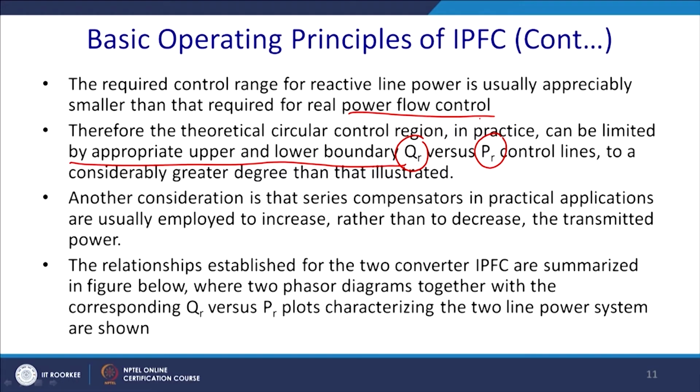So, another consideration is that series compensation in practical applications is usually employed to increase rather than decrease the transmitted power. In most cases, except during a fault, we require to increase the transmitted power.